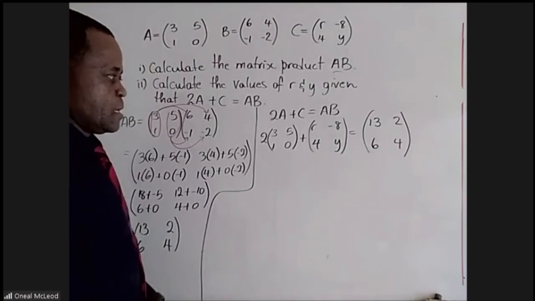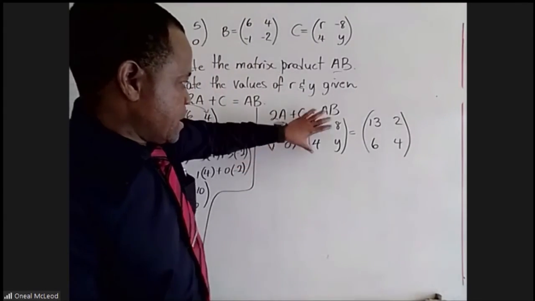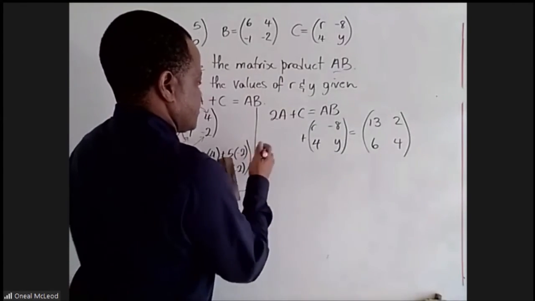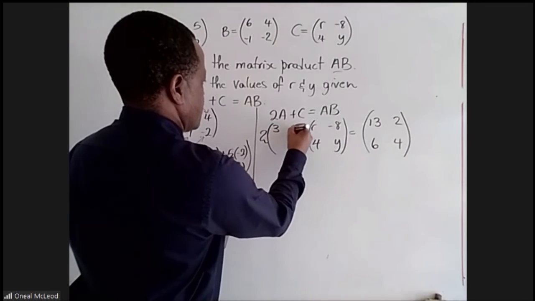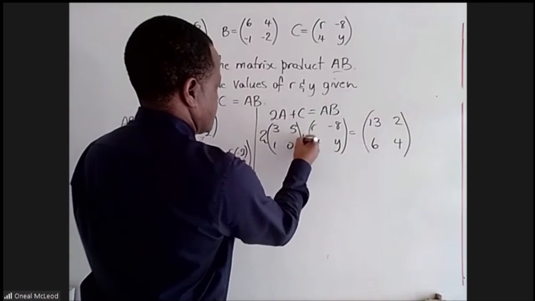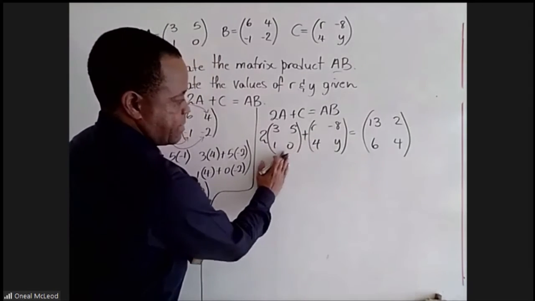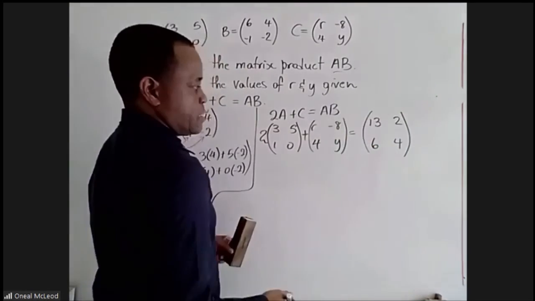All right, very, very simple. So what it is saying here is that if I work my left-hand side out, it is going to be equal to what is on the right-hand side.